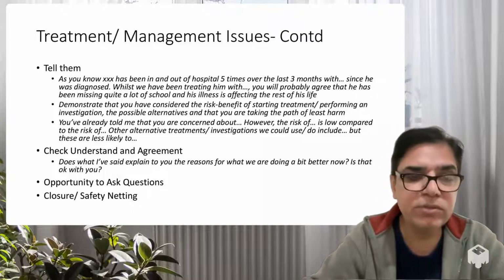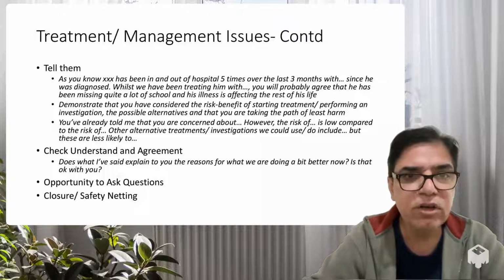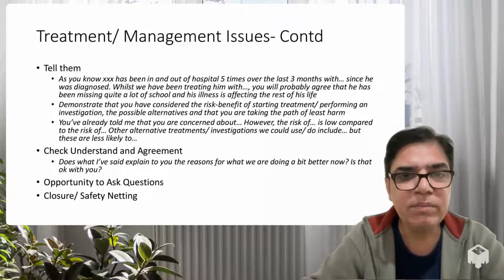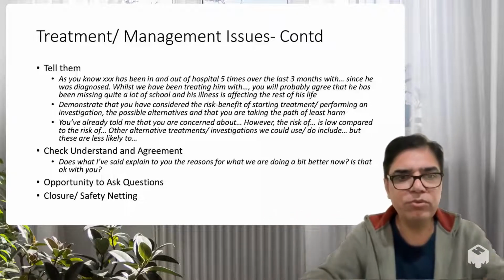So you say, yeah, he's missing a lot, and he cannot play and things like that. So you say, well, this is what we are concerned about. We need to start him on something which is going to make him better and give him a better quality of life, and you would agree that he needs something. From there, you try to bring them to an agreement.